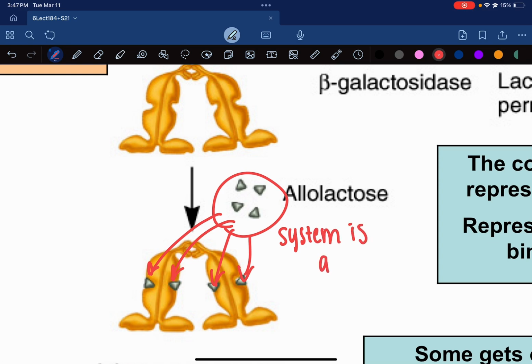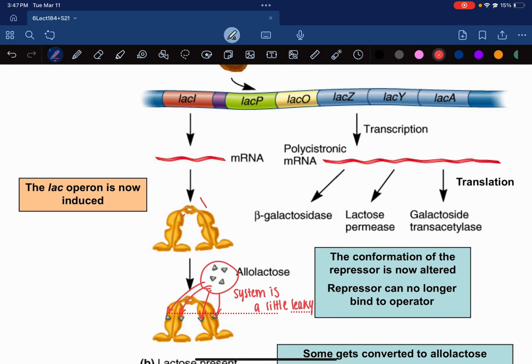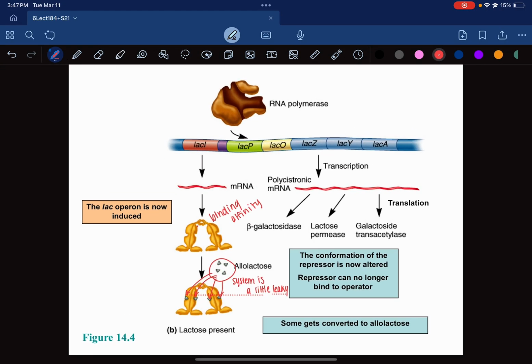Let me bring up a concept from biochemistry that you may or may not have heard. It's called the relative affinity of binding, or the binding affinity. Take an antigen and an antibody. When an antigen comes into the system, you have antibodies that recognize it with a really good strength of binding. They lock it up and then create an immune response. It's one of the strongest binding interactions.